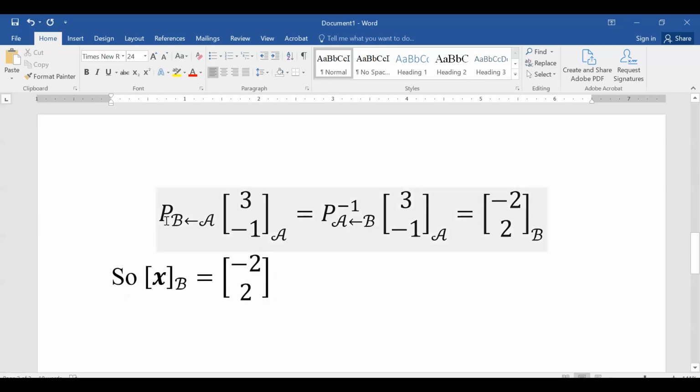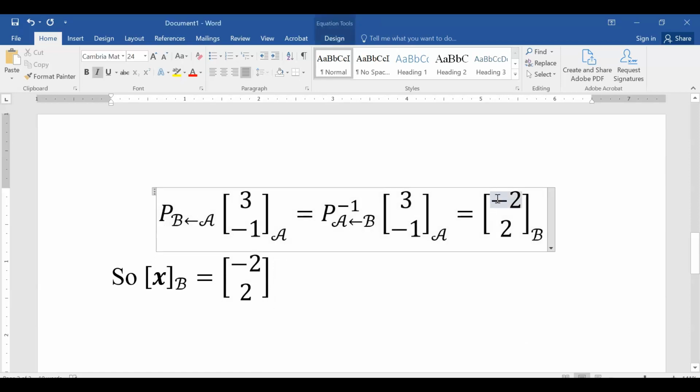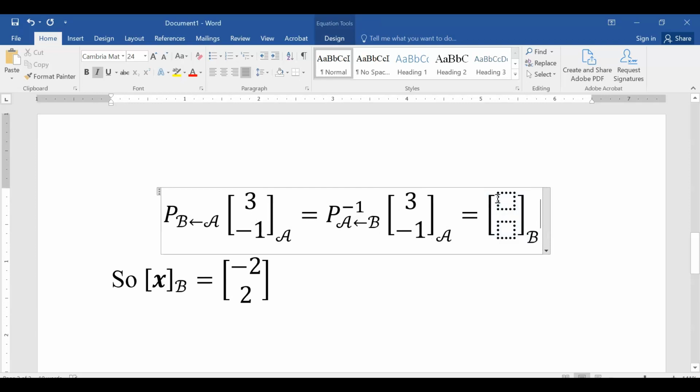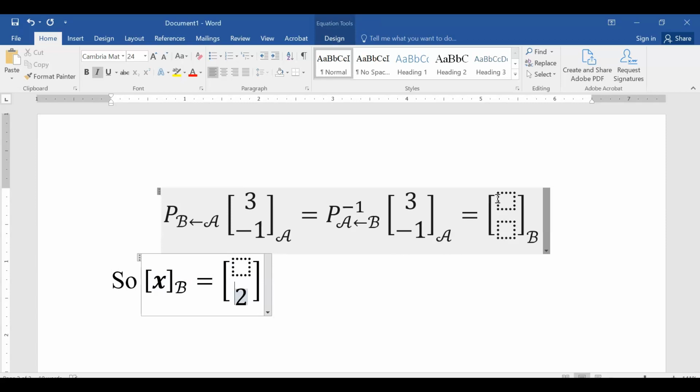Now we go from A to B, with 3, -1, and we're looking for the coordinate vector of x with respect to basis B.